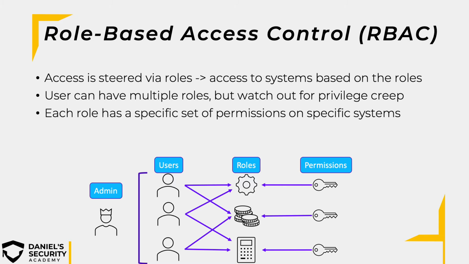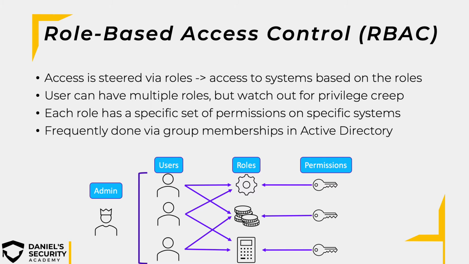And moving forward, each role has a specific set of permissions on specific systems. Let's say the engineering role has permissions to servers and applications in the engineering space, but only there. And those kinds of roles are frequently implemented and mapped by group memberships in Active Directory, for example.